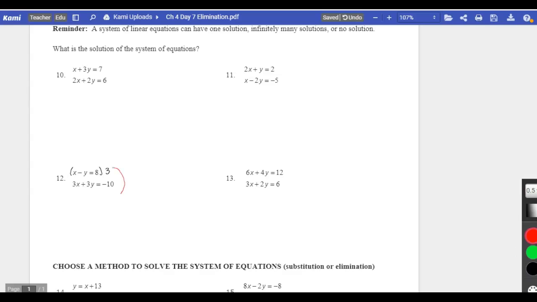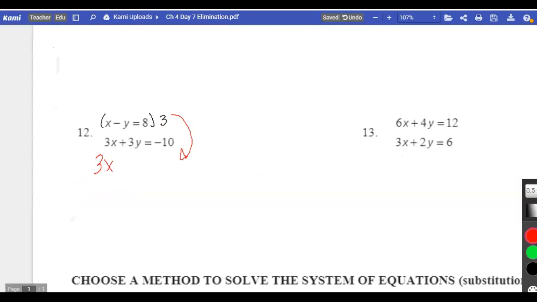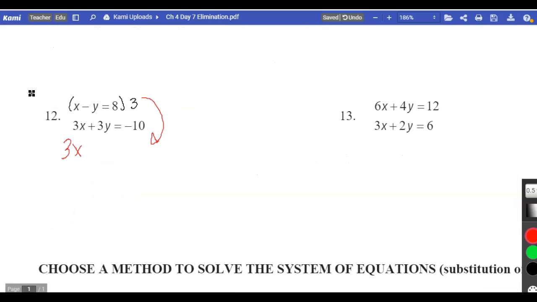Multiply this by 3, then I get 3x, bigger, minus 3y equals 24. So now when I add these together, I'm going to get 6x, the y's cancel, and negative 10 plus 24 equals 14.